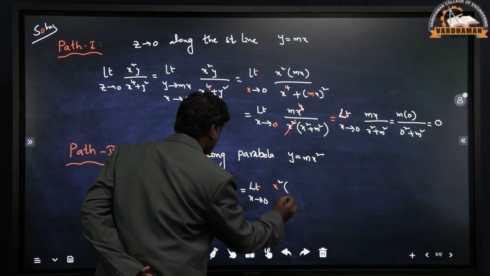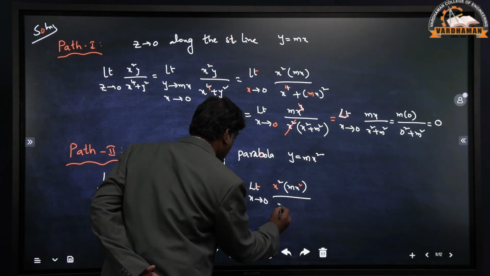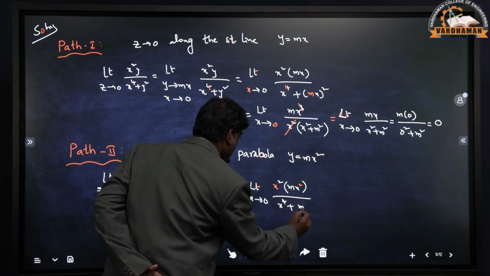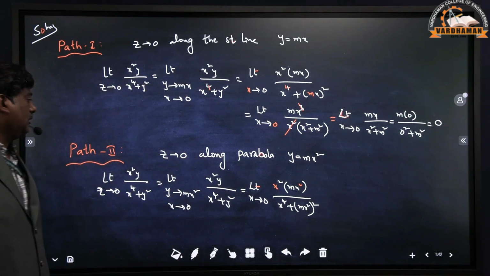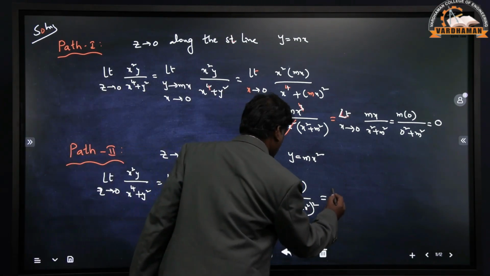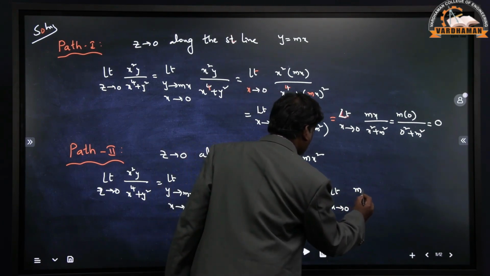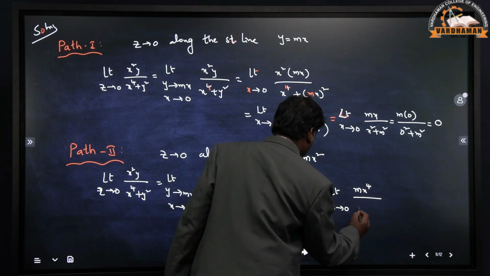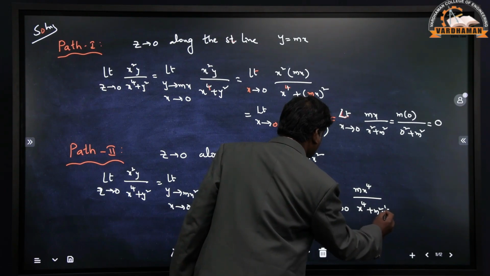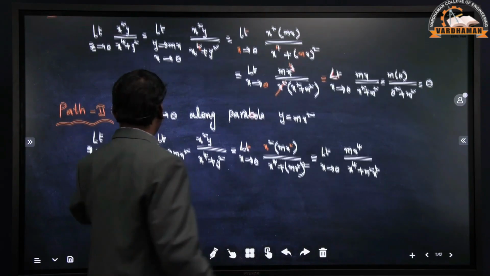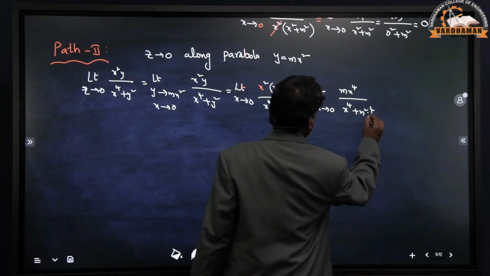Wherever y is there, put mx square, so x square times mx square divided by x power 4 plus mx square whole square. Now simplify this first. Limit x tends to 0, mx power 4 in the numerator, and in the denominator, x power 4 plus m square x power 4.